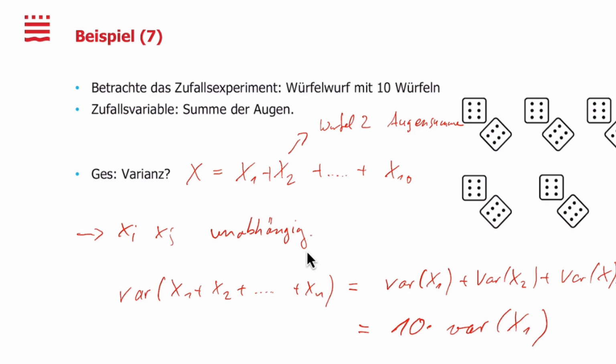And here you can see the very clear difference. The variance is much smaller than when I multiply a single die by 10, because there it was a factor of 100, and here it is only a factor of 10.